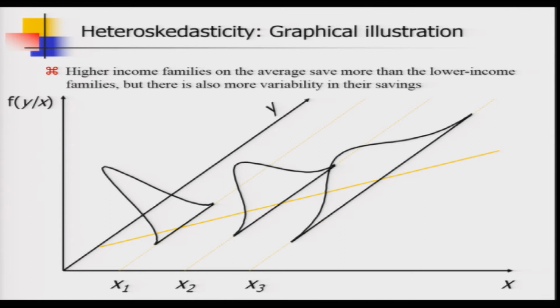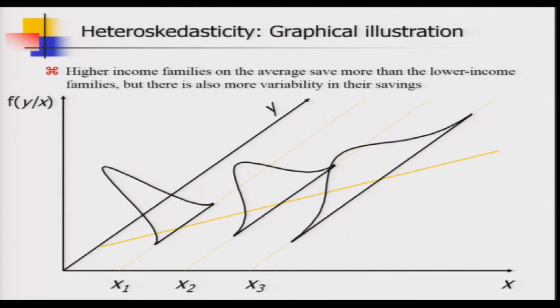Okay. So, that tells you that the lower income households are reporting savings numbers for which you are observing lower variance, but the high class or the rich group households are reporting savings numbers that are quite different from one another.